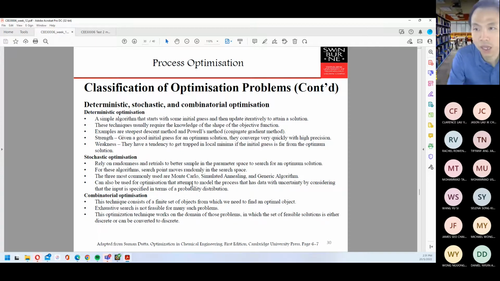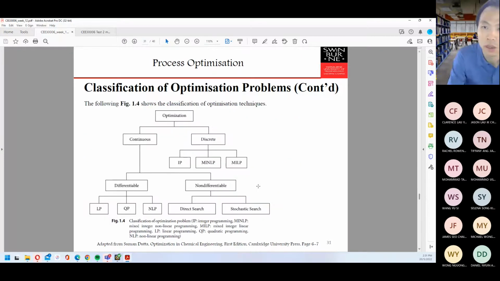Okay, we will not cover all these things because this will be much more complex than what we are dealing with in the problem that has been given. If we look at the chart for these optimizations, optimization can be divided into two problems, continuous and discrete. The discrete can be divided into integer programming, mixed integer nonlinear programming, and mixed integer linear programming.